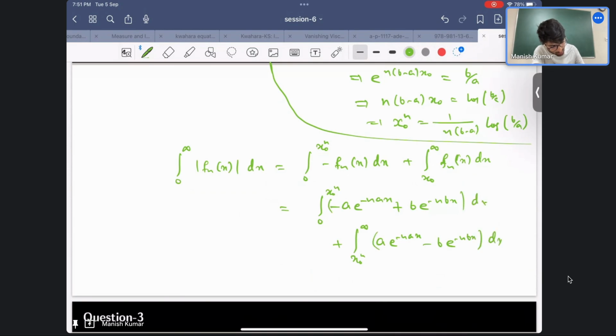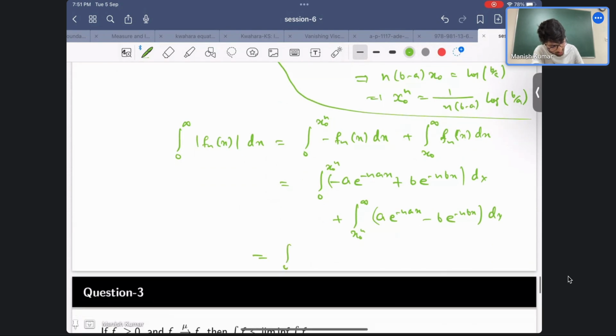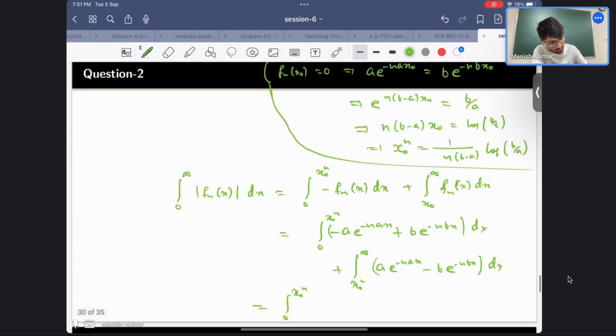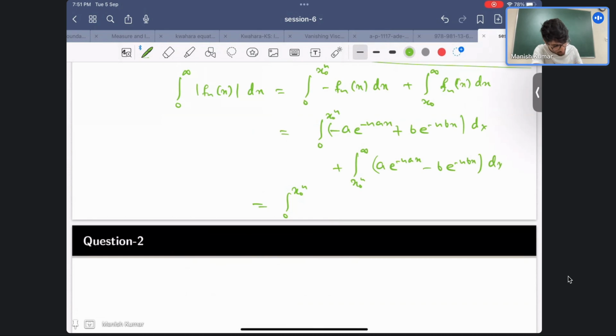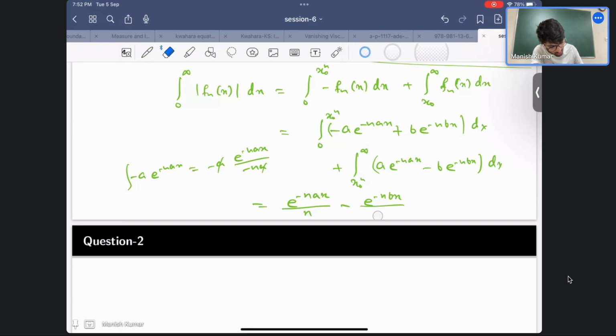So now if you calculate this from 0 to x naught n, here again minus a e minus nax, if I integrate I'll get minus a e minus nax by minus na. So this a will cancel, so it will be e minus nax upon n, and this will be e of minus nbx by minus n, right? So here it will be minus n.